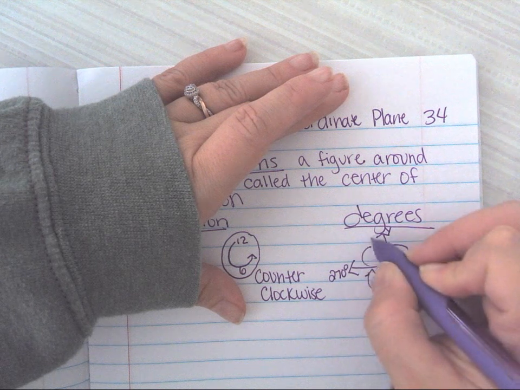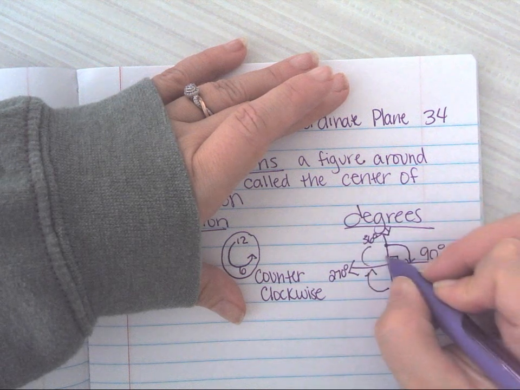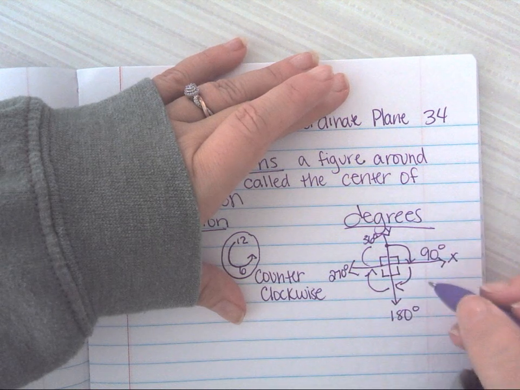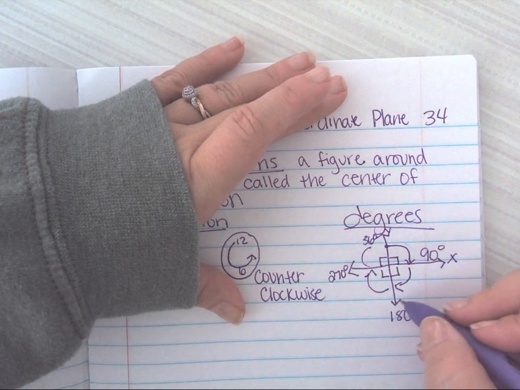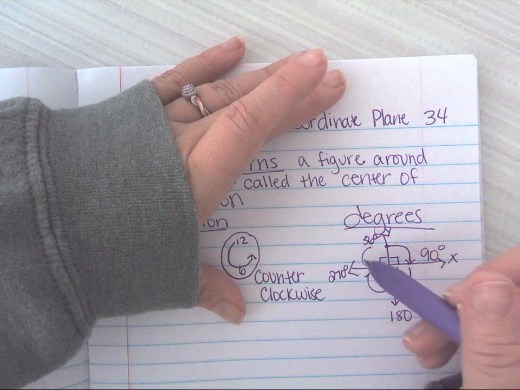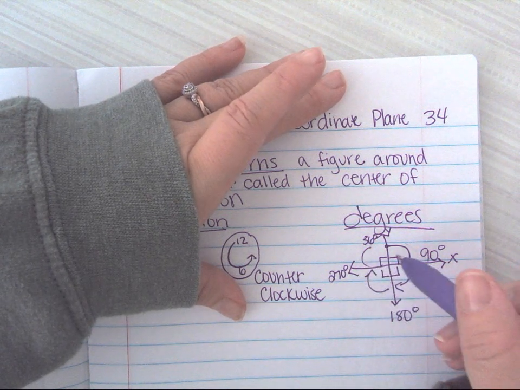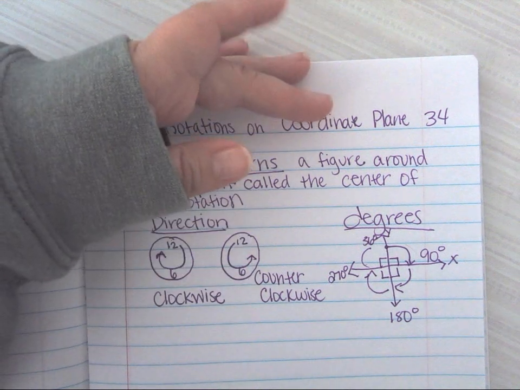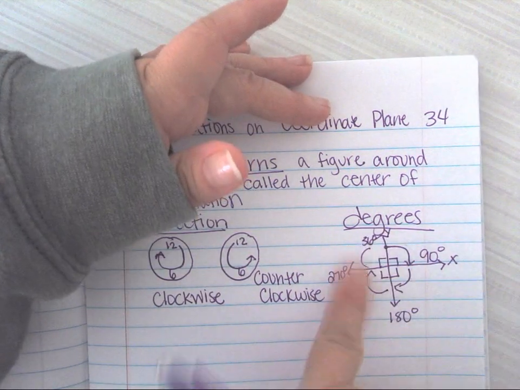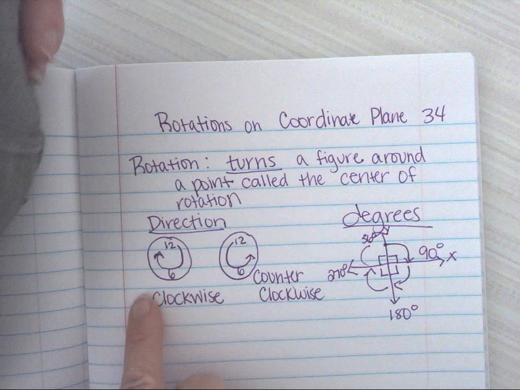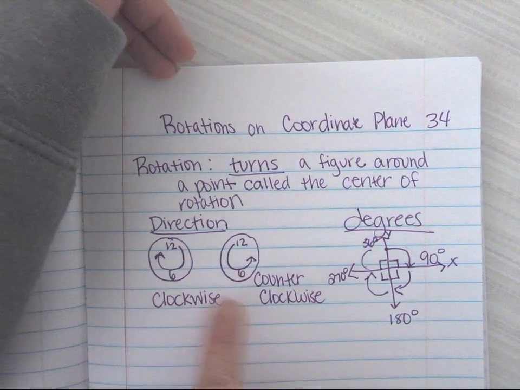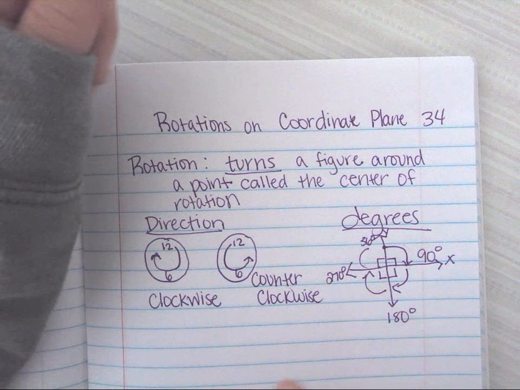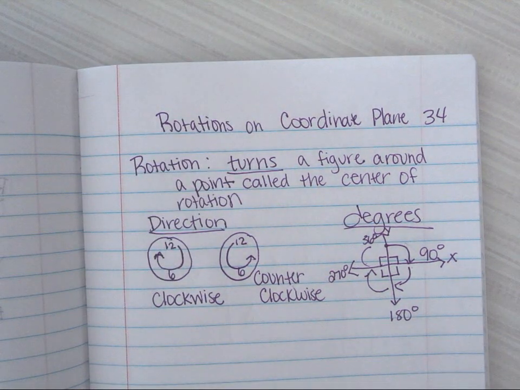And all the way around is 360 degrees, because they're all made up of right angles. So one turn is 90, halfway is 180, three-quarters of the way is 270, and a whole turn all the way around is 360 degrees. Okay, so you're thinking about the direction that you're going, counterclockwise or clockwise, and the degrees that you're turning.